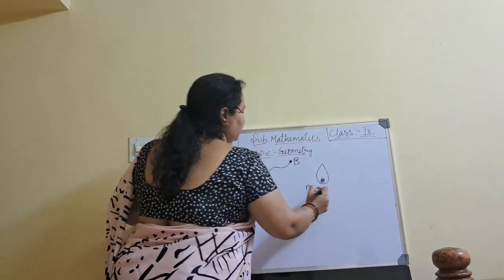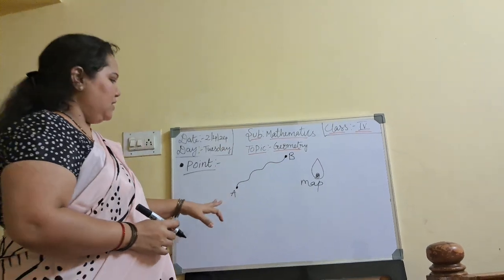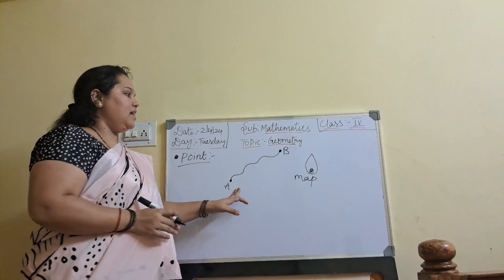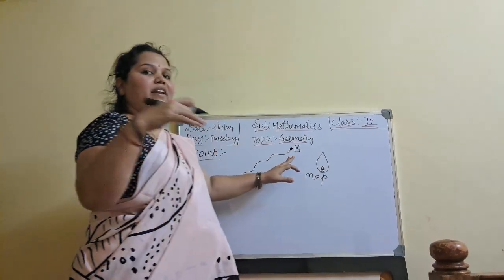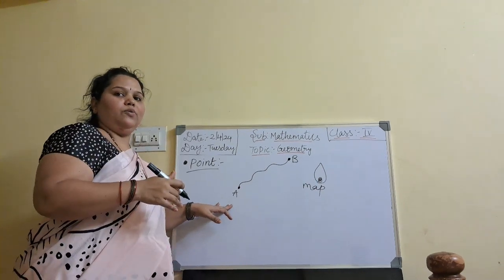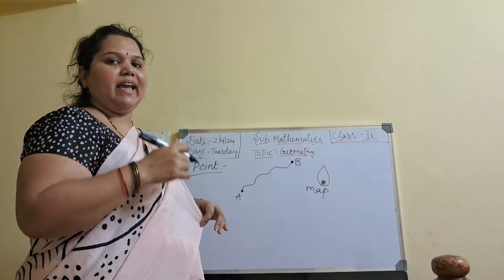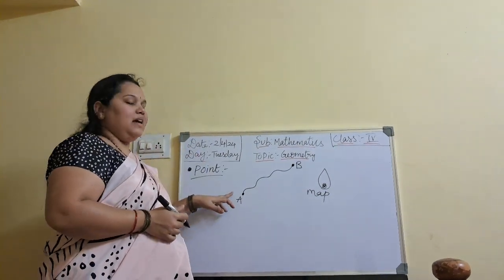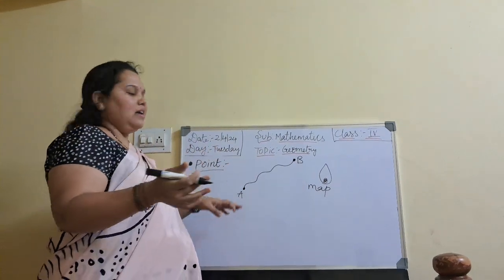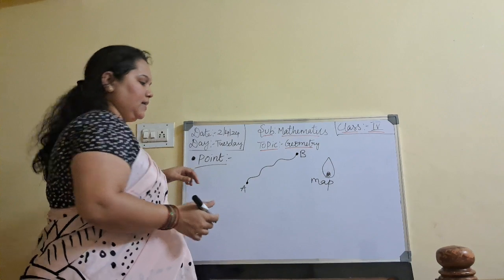Google Maps shows the exact point, a definite position. See, A is the current location and B is your destination location. Whenever you want to go somewhere, you book a cab, no? So A is your current location, B is your destination location. So exact points are there. That is called a point.